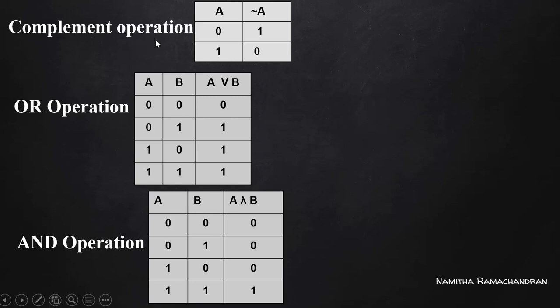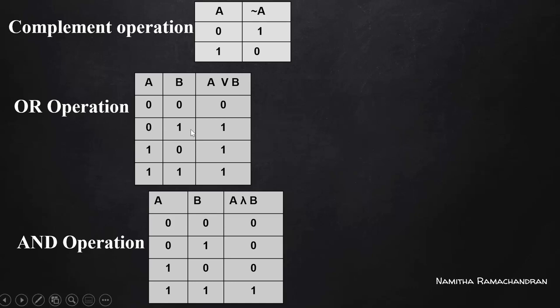Okay. Now we can consider the various basic operations possible in Boolean algebra. The first one is the complementation operation. Suppose A is the variable and this indicates its complemented notation. If A has value 0, then after the complement operation the value becomes 1. If A has value 1, after complementation its value becomes 0. And this is the OR operation. Here we have two variables A and B, and this indicates the OR operation between the Boolean variables A and B. Suppose A is 0 and B is 0, then after the OR operation the result is again 0.